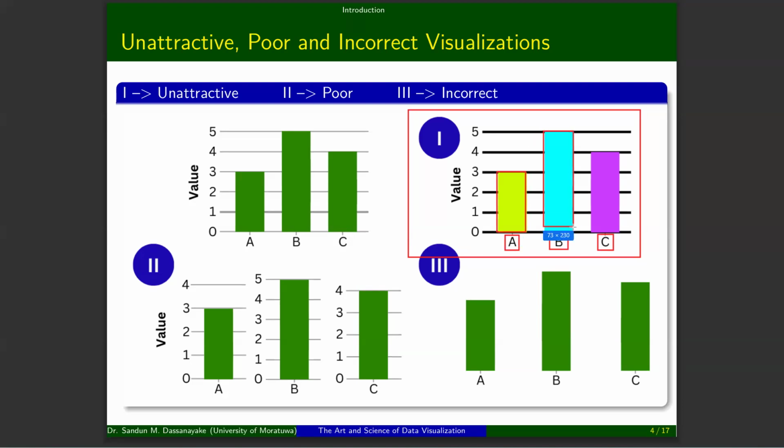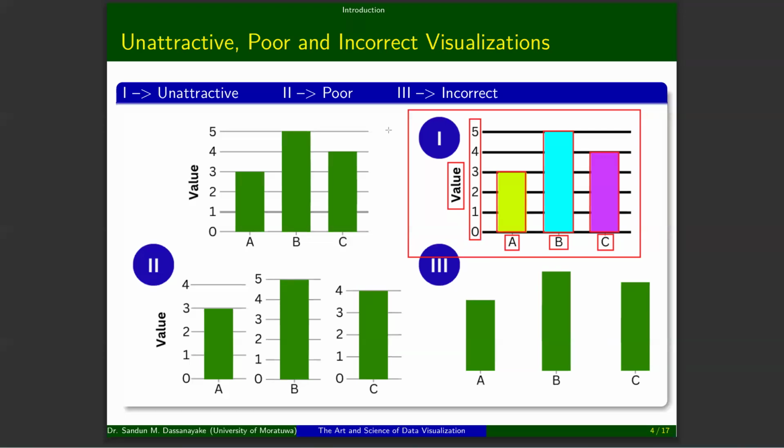You can see the height and you can clearly identify what is what. And the y-axis is properly labeled as well, and the numbers are there. So it's proper, it's accurate.